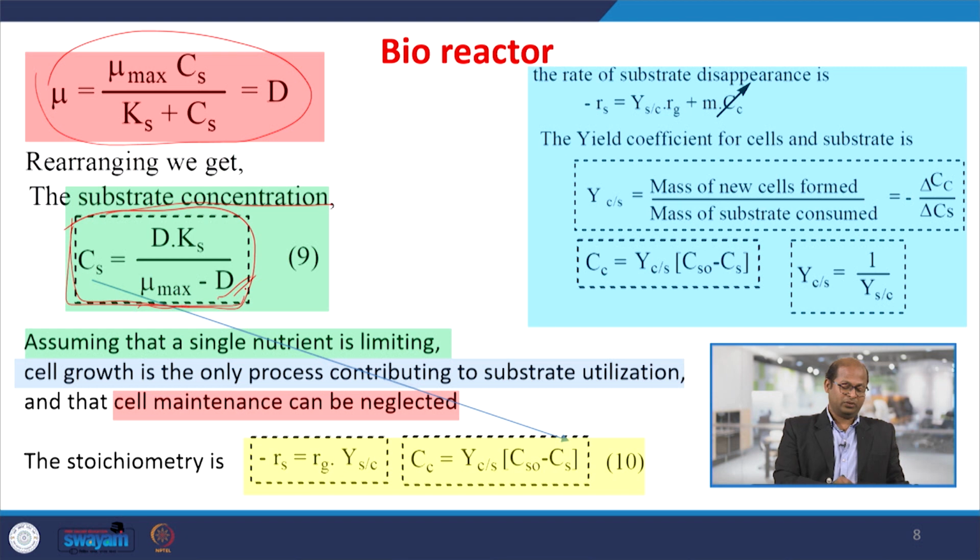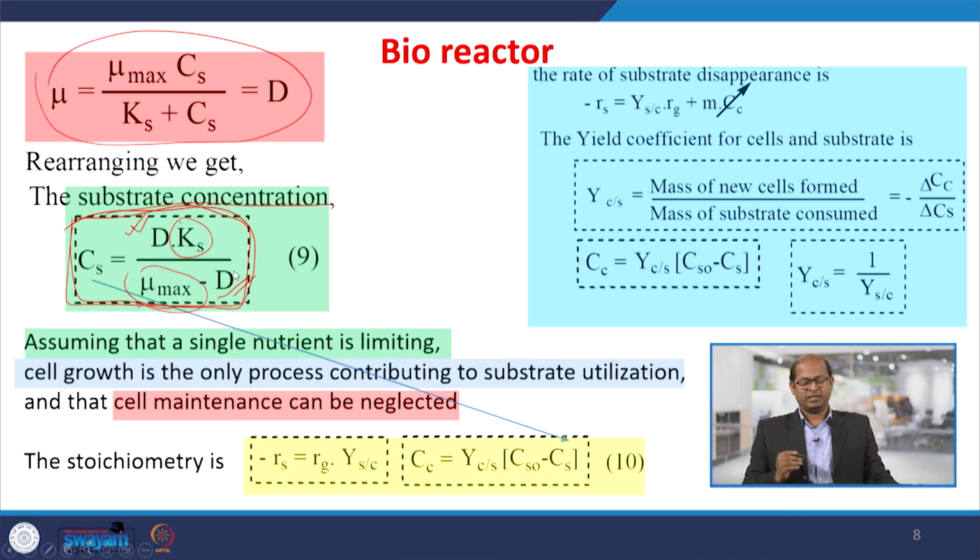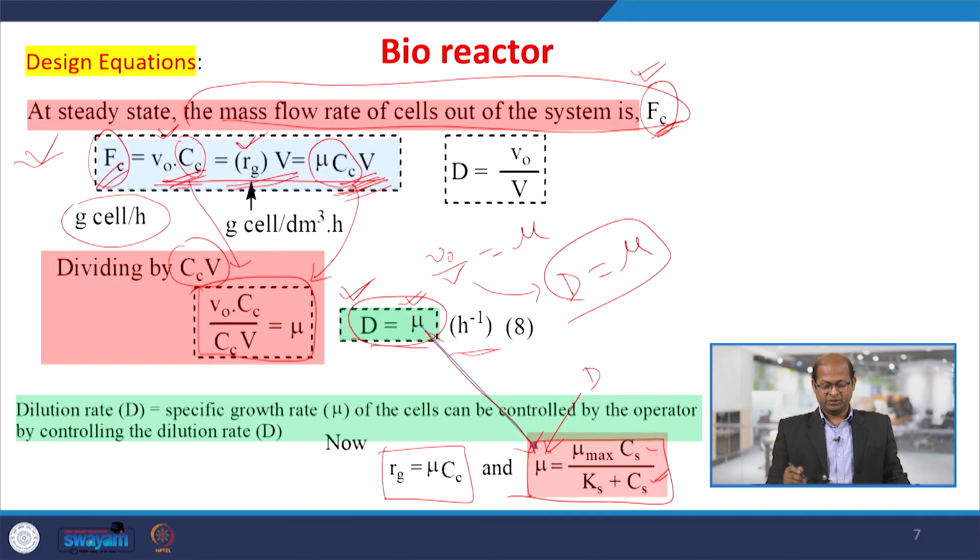If we want to find out the substrate concentration inside the reactor, what do we have to know? The constants, and D. The D value we can change. What is the definition of D? D is the volumetric flow rate by volume.